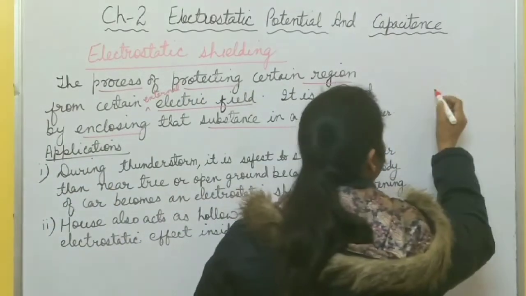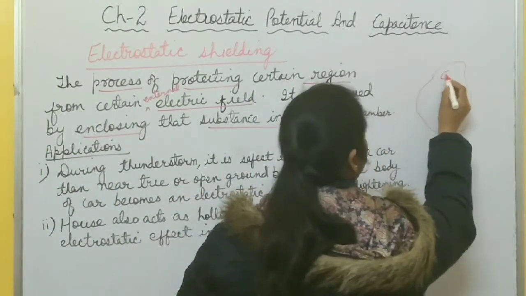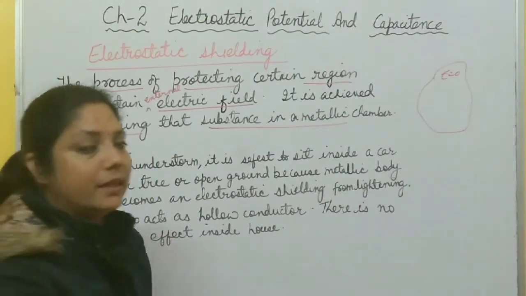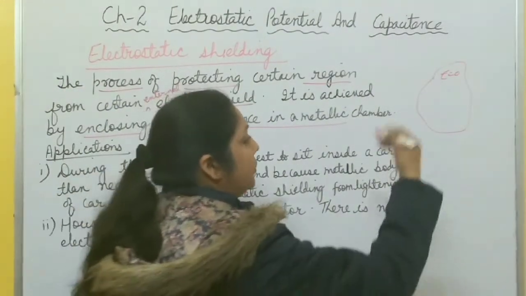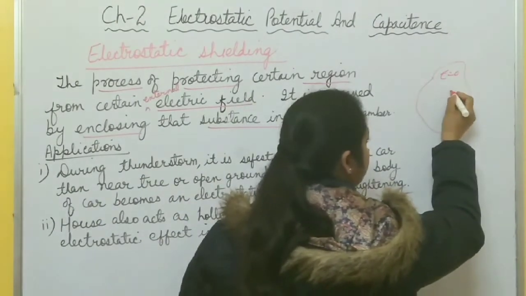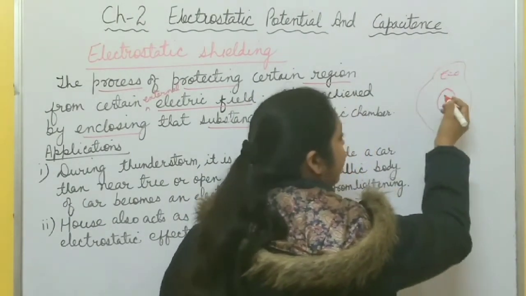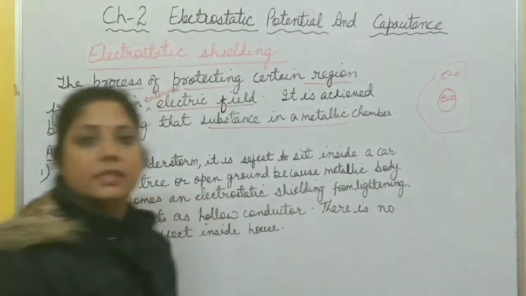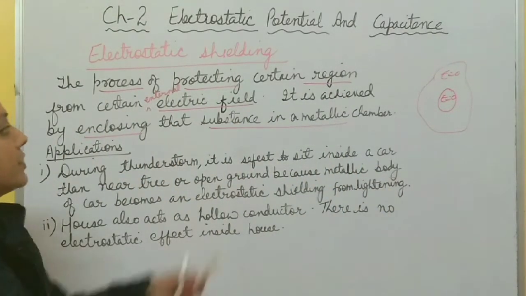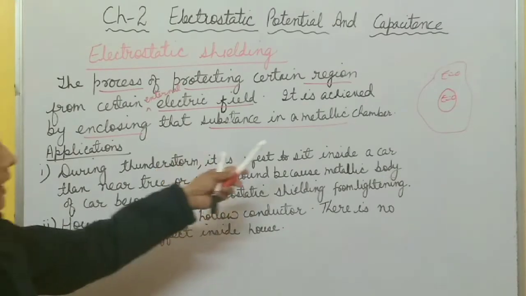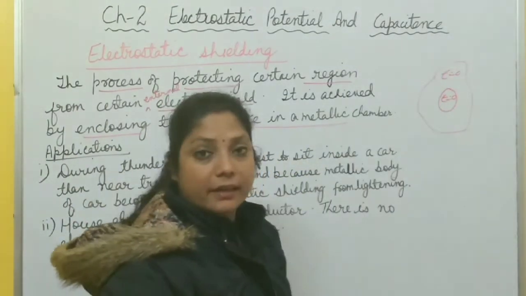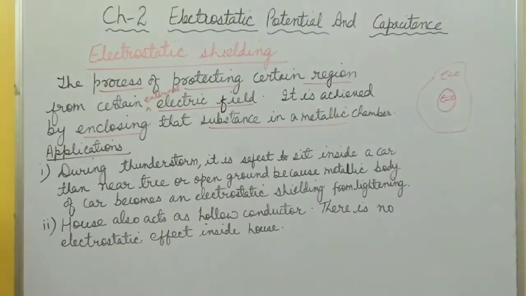So if you want any substance to be protected from an external electric field, enclose that substance inside a metallic chamber or conducting body, so that the electric field inside is 0. This process of protecting a certain region or substance from an external electric field is called electrostatic shielding.